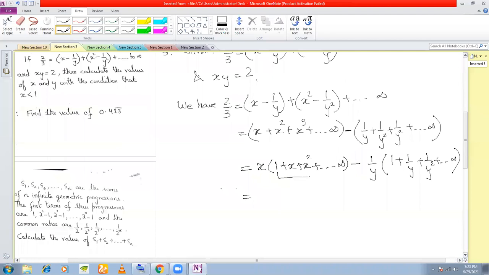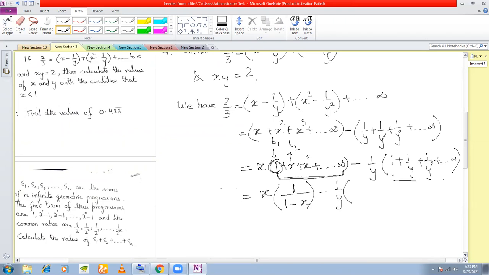Now this is an infinite GP. The first term here is 1. What is the sum of this infinite GP? a by 1 minus r, right? So a here is 1, and r is t2 by t1, so r here is x by 1, that means minus 1 by y.